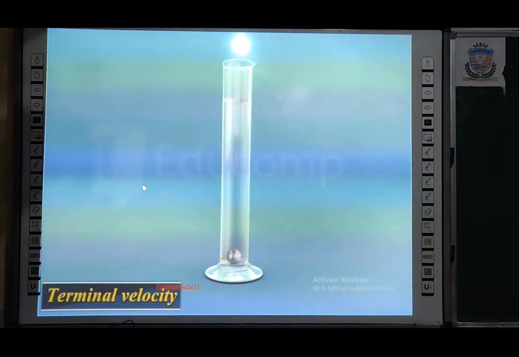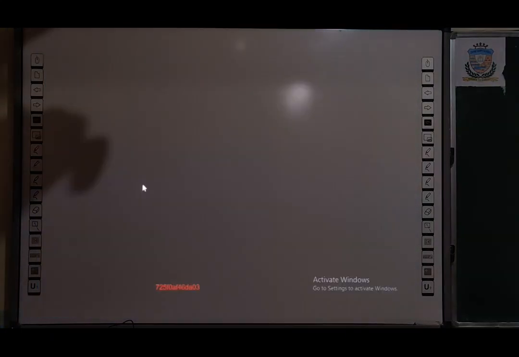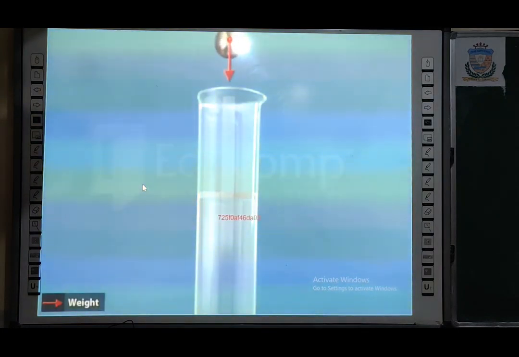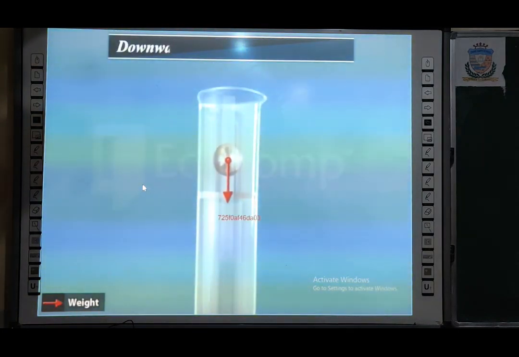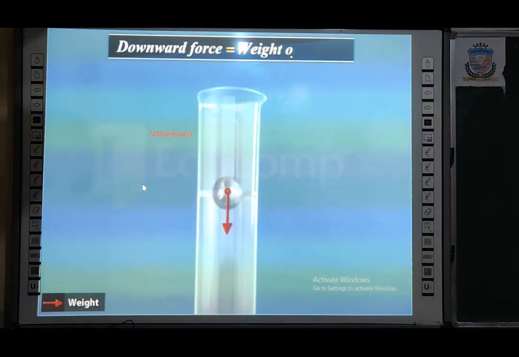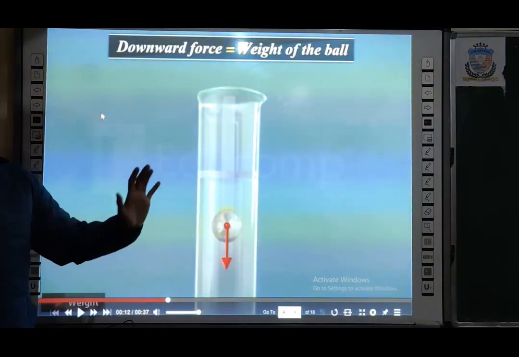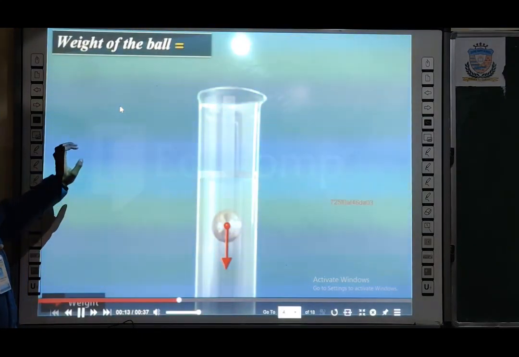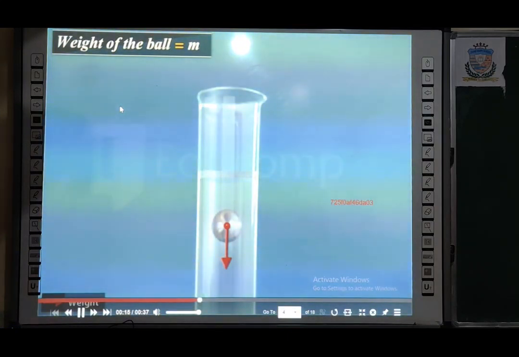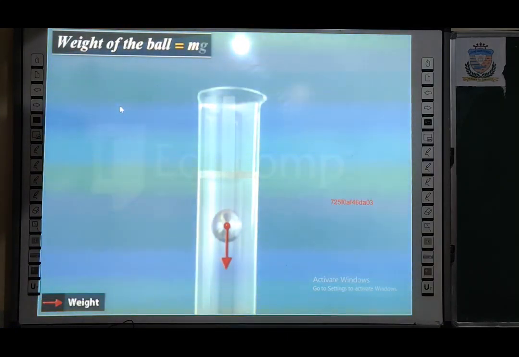What forces act on the ball? The ball experiences a downward force due to gravity. This downward force is acting on the ball. What is the weight of the ball? mg, that is mass times acceleration due to gravity g.